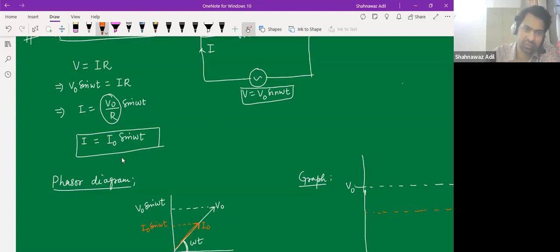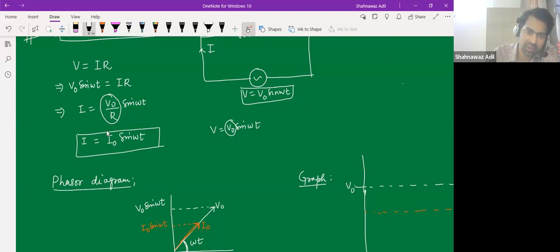From the phasor diagram, sir. No, no. You have this current function, so what is the peak current? Let's say you have this voltage, so what is the peak voltage? This is the peak voltage, the maximum voltage, V naught.